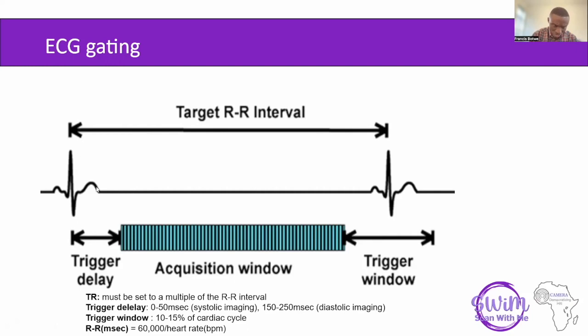Because if we acquire data from this side, it might cause artifacts, and we don't want that. So we want to acquire the data where it is at the diastolic zone, where the heartbeat is very quiet. And by employing the prospective gating technique, we'll be able to acquire data just within the acquisition window.